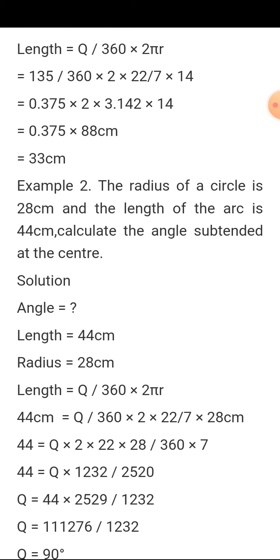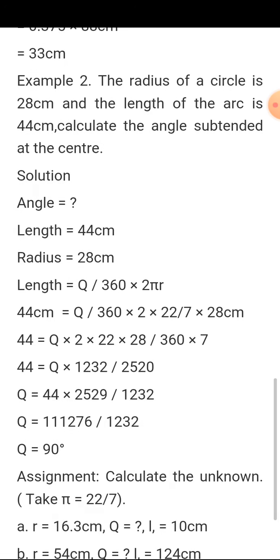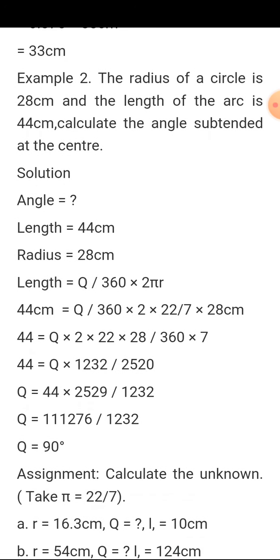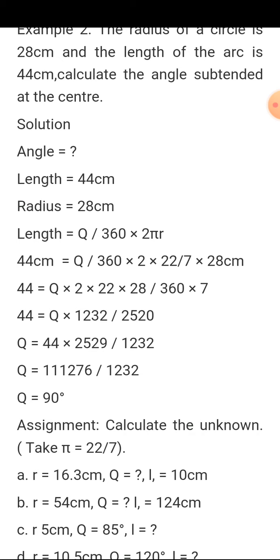The radius of a circle is 28 centimeter and the length of the arc is 44 centimeter. Calculate the angle subtended at the center. Solution. The angle is question mark, that's theta, what they ask us to find. Length is 44 centimeter. Radius 28 centimeter.